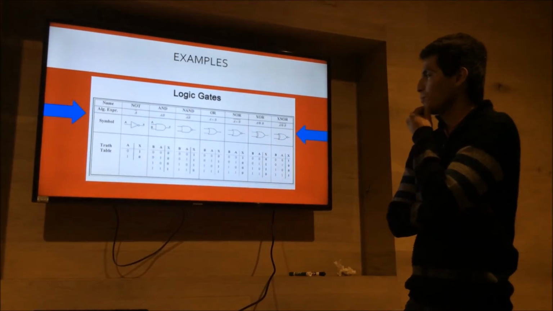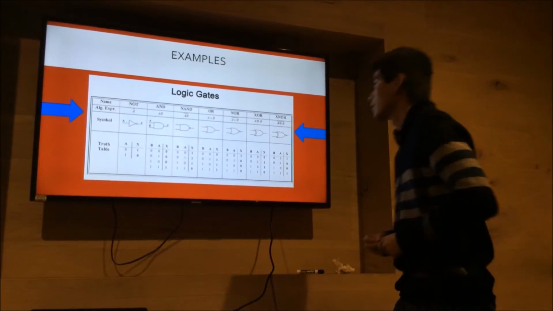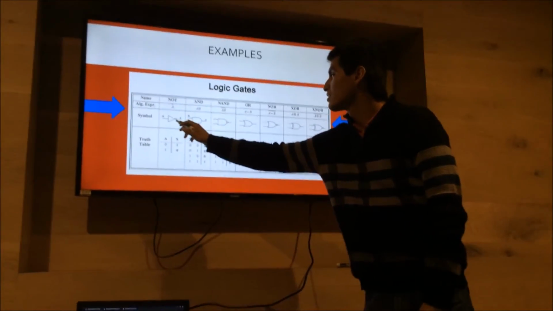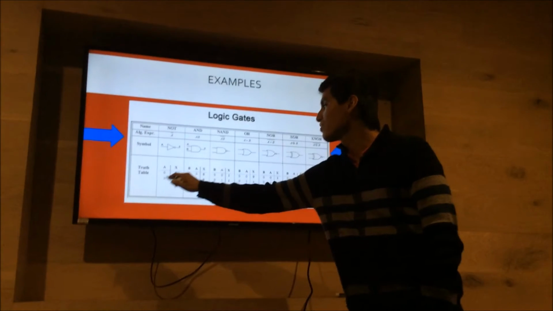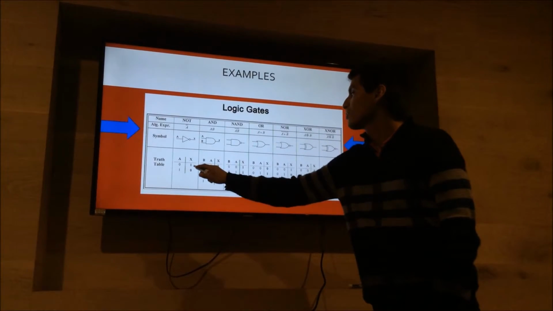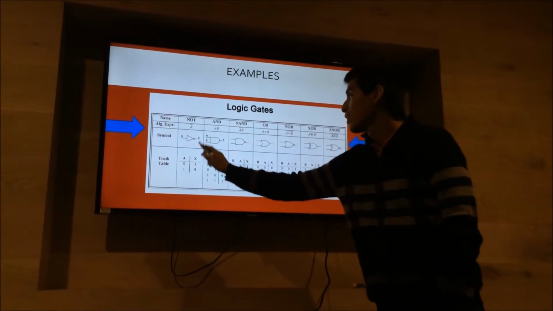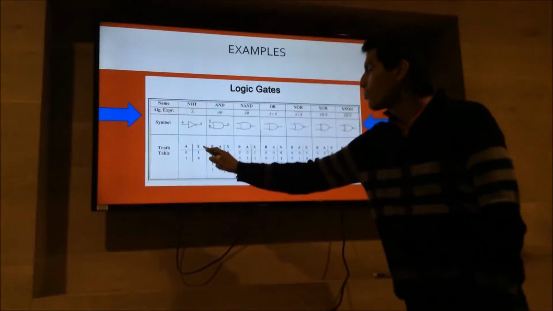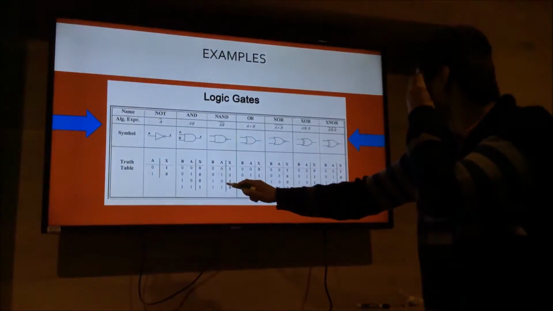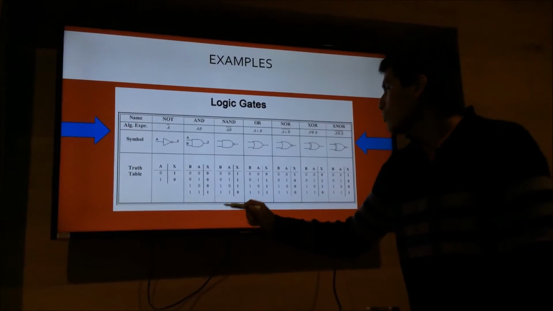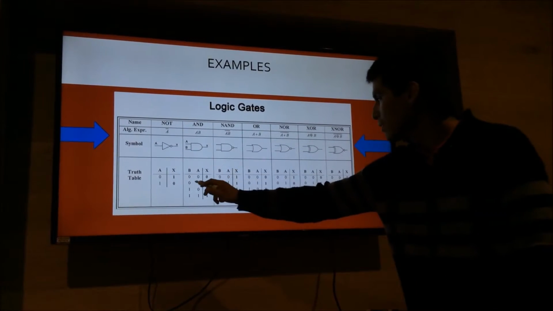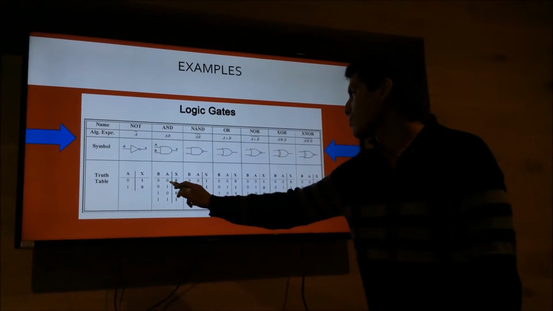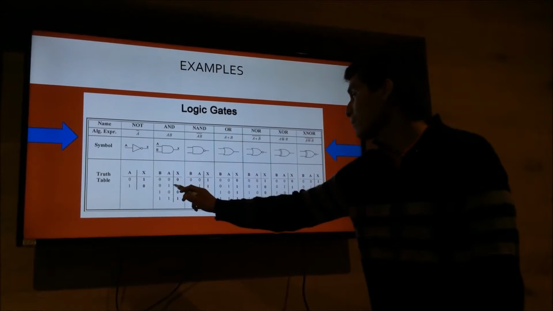In this case, we have a couple of examples applying the gates. In the NOT gate, if the input is 0, the output becomes 1. If the input is 1, the output will be 0. Now in the AND, we have two inputs, 0 and 0, and the output is 0.